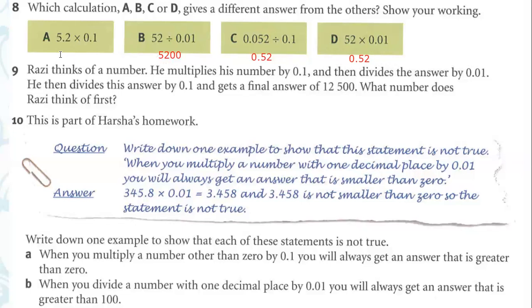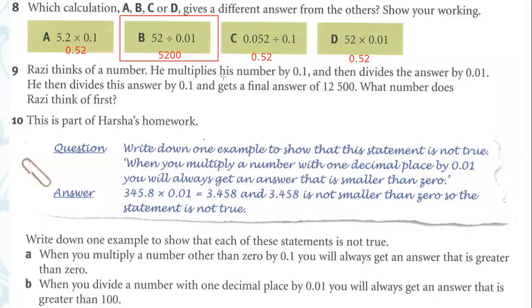And when I multiply, it means divide. Multiply 0.1 means divide by 10. It's 0.52. So B is the only one that is different. Okay, so you just circle B. So B is a different answer.